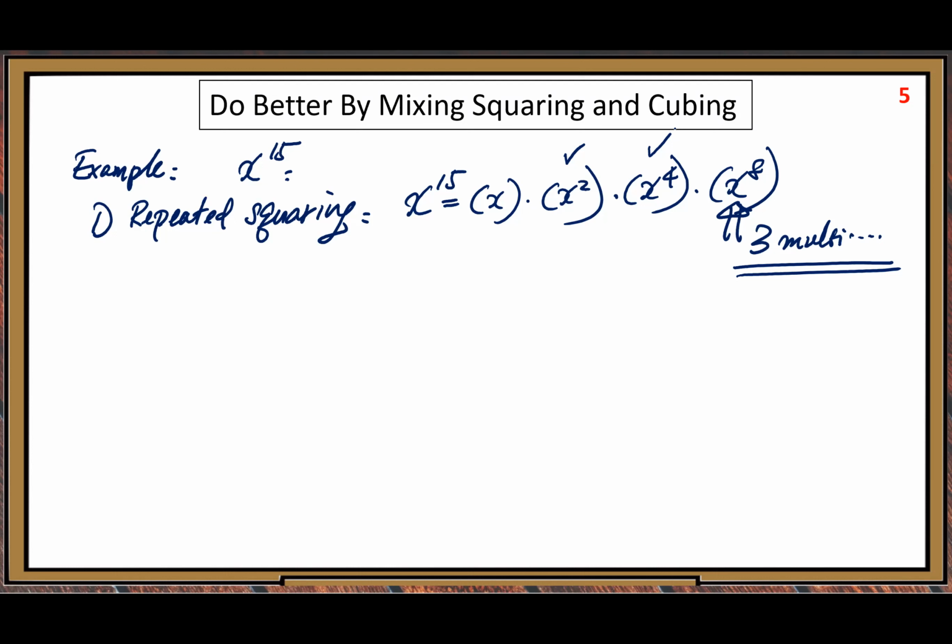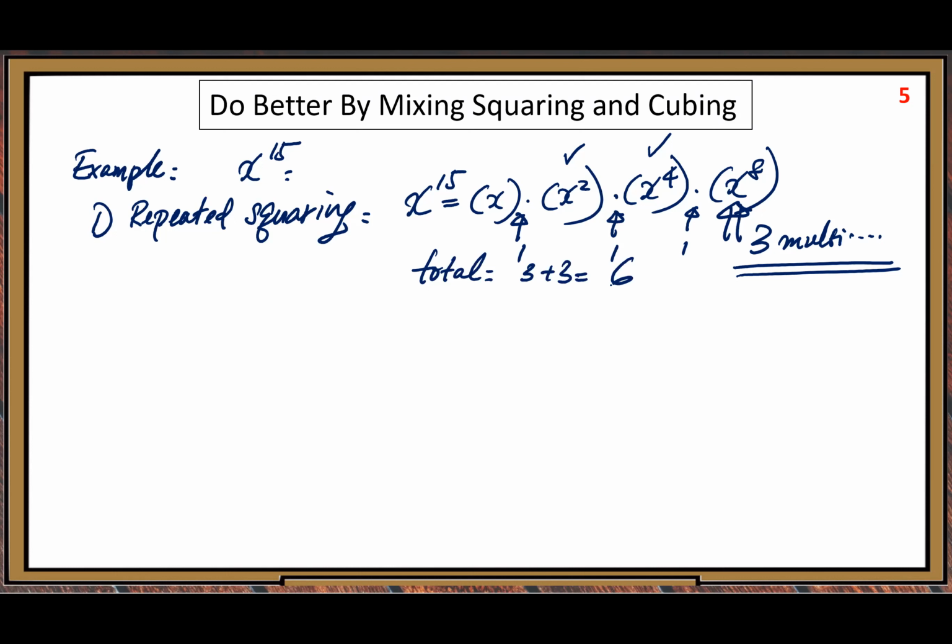After that, these 3 dots need 3 more multiplications. So the total is 3 plus 3 equals 6. That's repeated squaring.